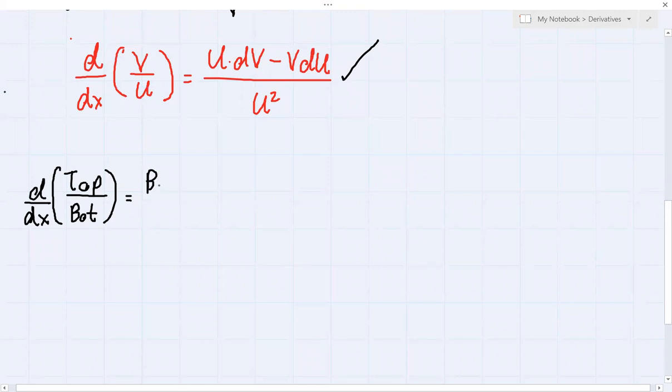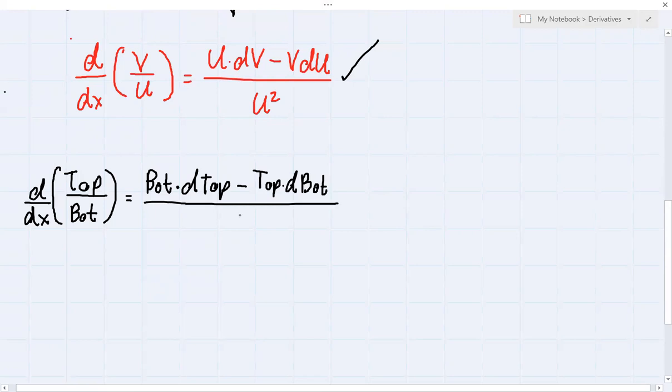Bot times d top, or derivative of the top, minus top times the derivative of the bottom, all over the square of the bottom. So, that means the formula for the derivative of the quotient rule is bottom times the derivative of the top minus top times the derivative of the bottom all over the square of the bottom.